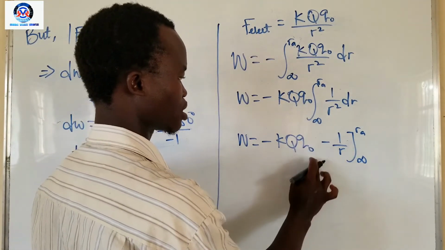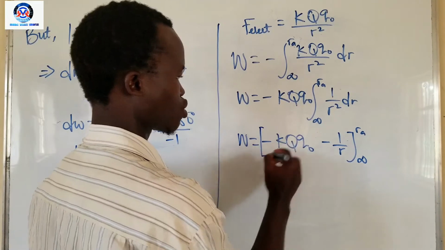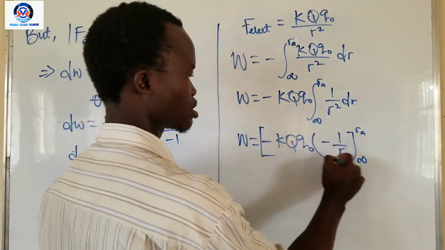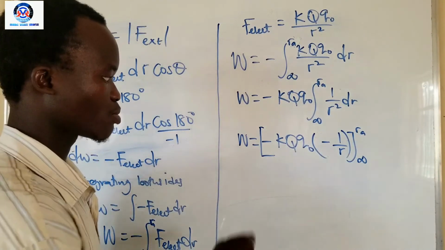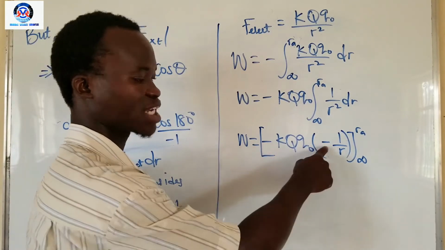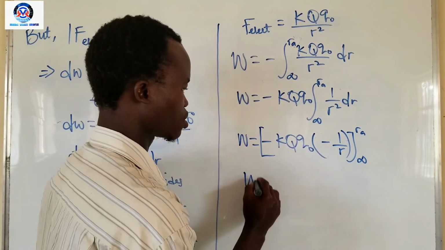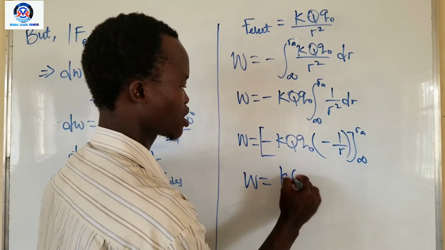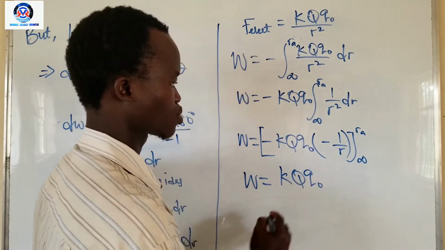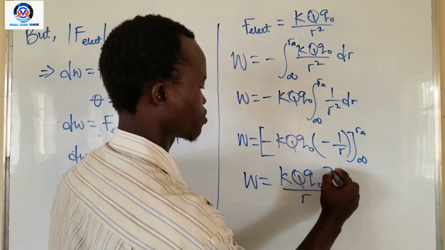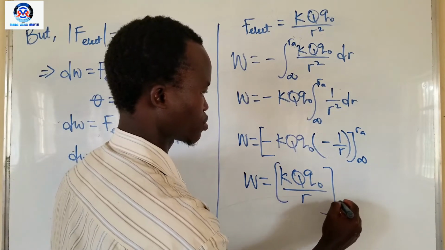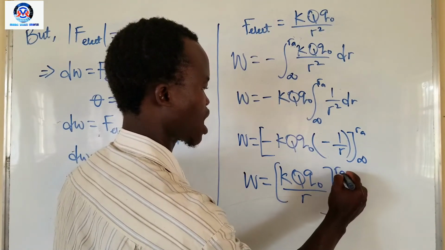Sorry, the bracket is supposed to extend up to here. So the work done is equal to K Q naught over R from infinity to RA.